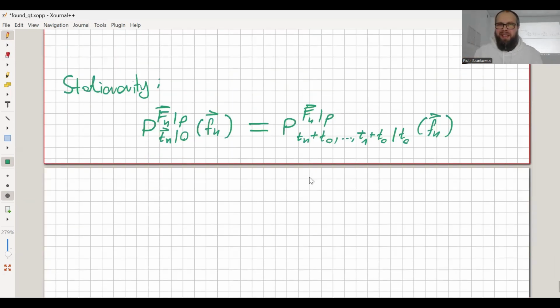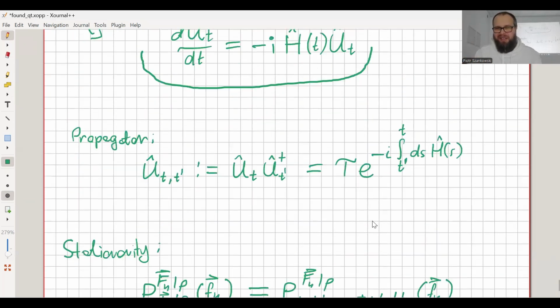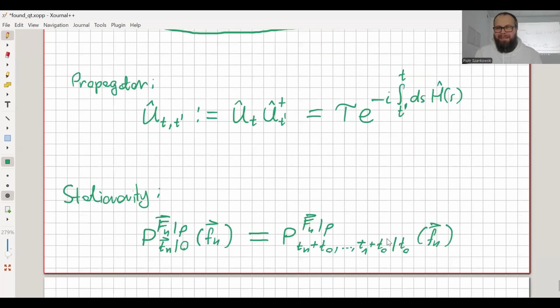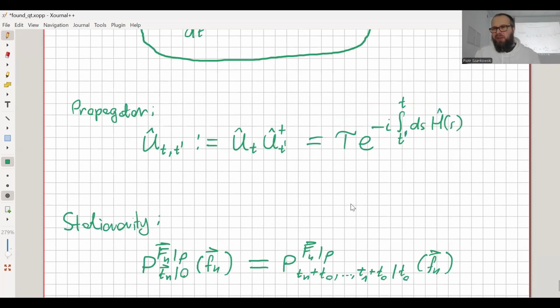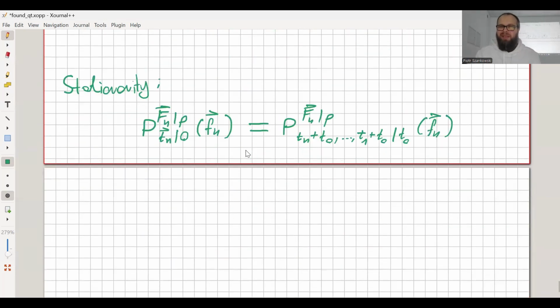Okay. And now that we have this, if we impose this condition, we have to check what it means for our evolution, for our evolution operators, right? Because this is what governs how things change in time.